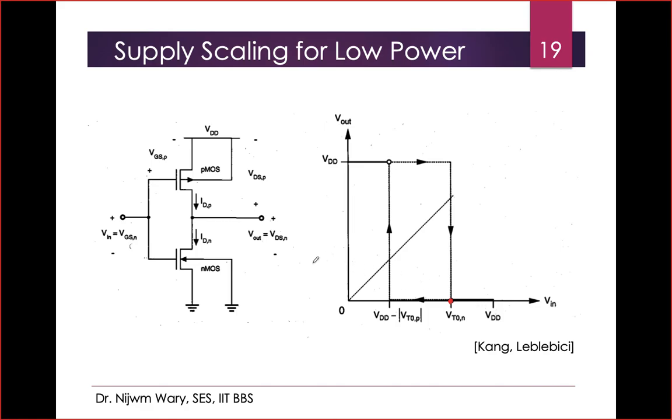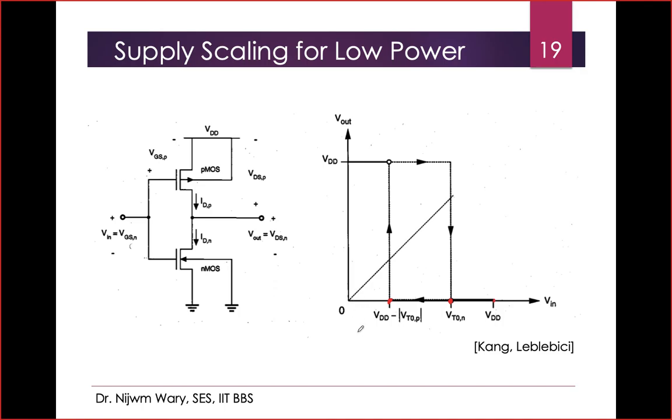And the threshold voltage of the PMOS device, if I subtract it from VDD, so VDD minus the threshold voltage, is at this point. So what happens whenever I am slowly increasing my Vin?